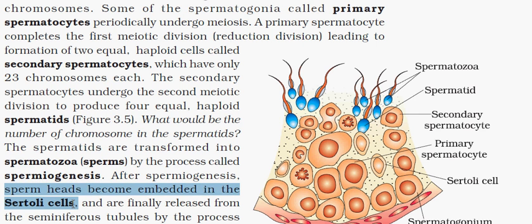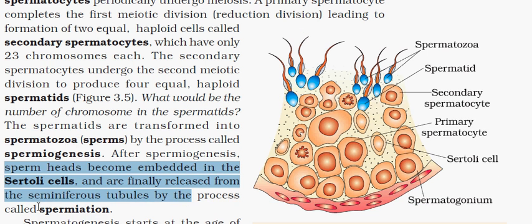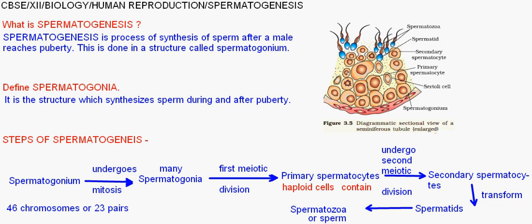So here we can write, when spermatids are converted to spermatozoa, this process is called spermiogenesis. Now what is spermiation then?